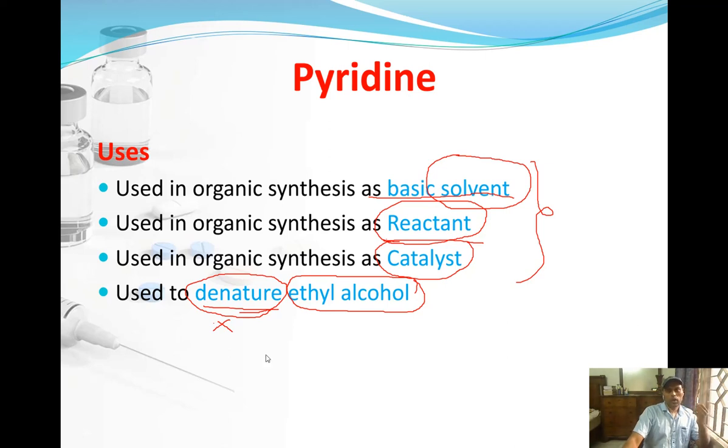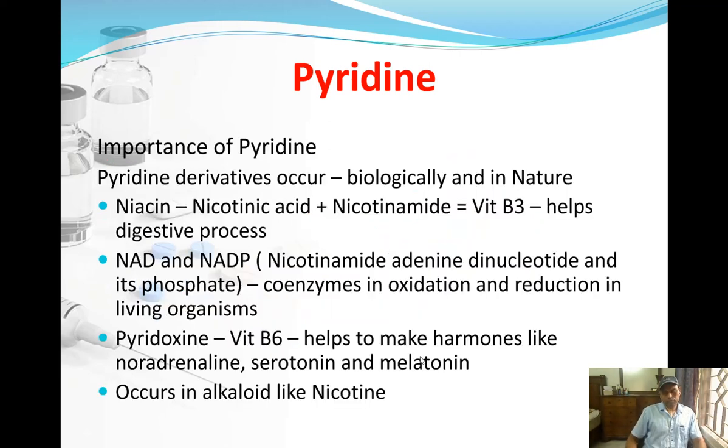That's why, because of this nature, people are not going to misuse industrial alcohol or laboratory alcohol. Other than pyridine, they also use methyl alcohol to denature the ethyl alcohol. So those are the general uses of pyridine.